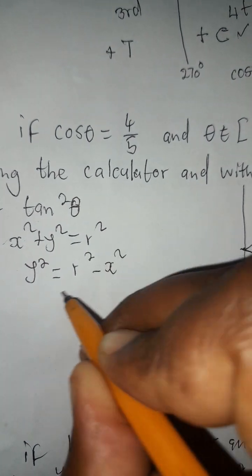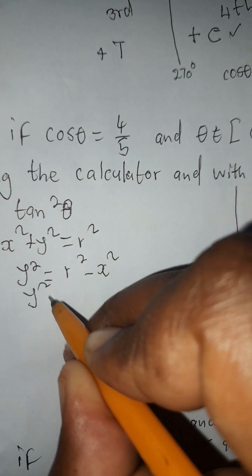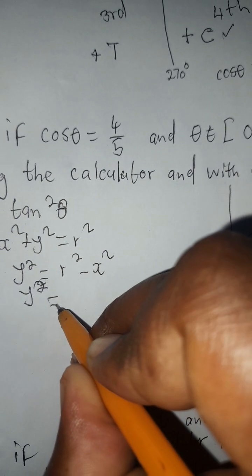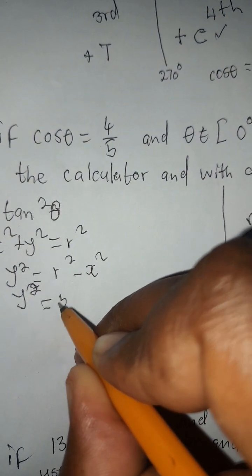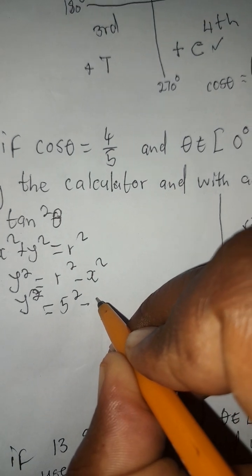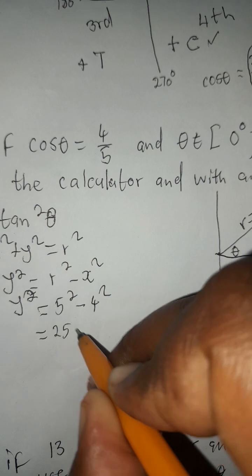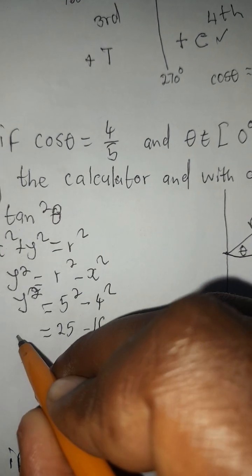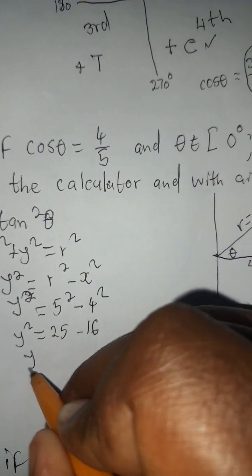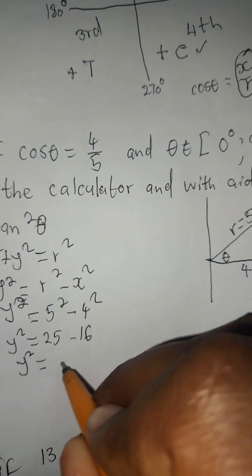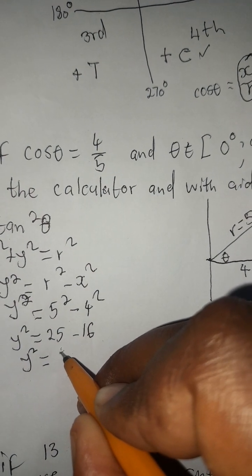This becomes negative. So we have y squared equals r, which is 5 squared, minus x, which is 4 squared. We know that this is 25 minus 16. 4 squared is 16, and 25 minus 16 is 9.